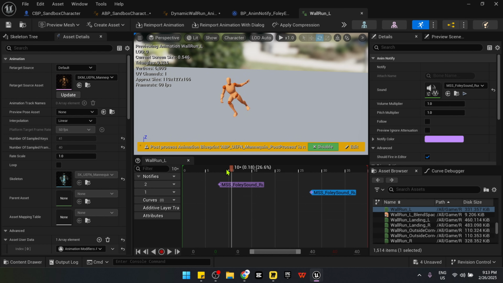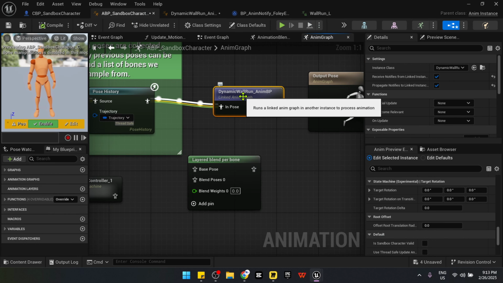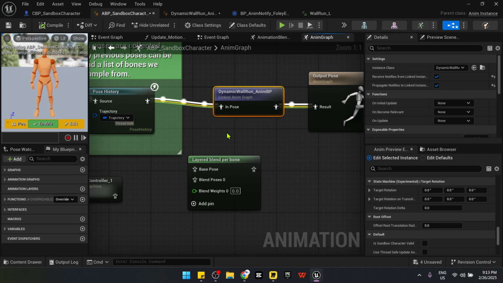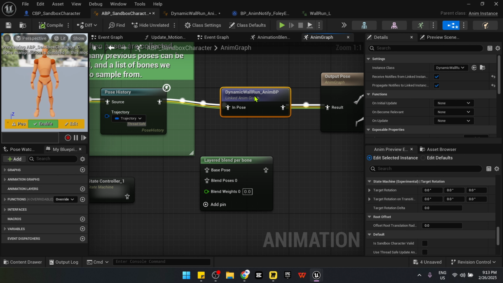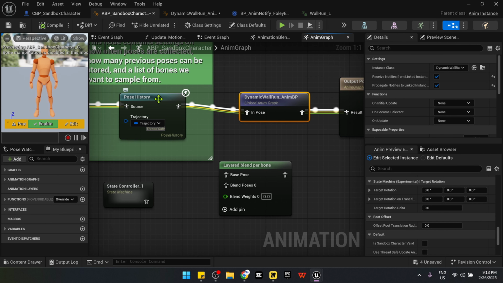Okay, guys. So I just found out that the problem isn't the animation weight. It's not the weight. It is in fact the anim notify. It's the Foley event. It doesn't play outside of the motion matching system. So I was basically passing in an animation on top of the motion matched animation.